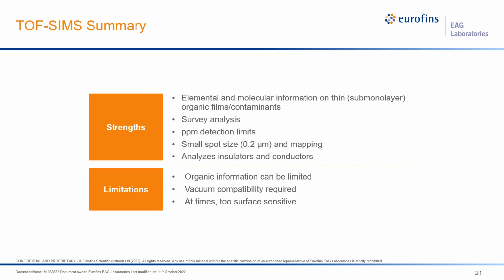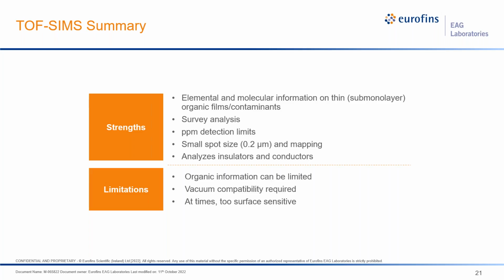It's quite easy to survey a sample for everything present. We can measure species to very low levels, part per million levels. Spot sizes can be quite small, and mapping is quite easy. And we can analyze insulators and conductors.